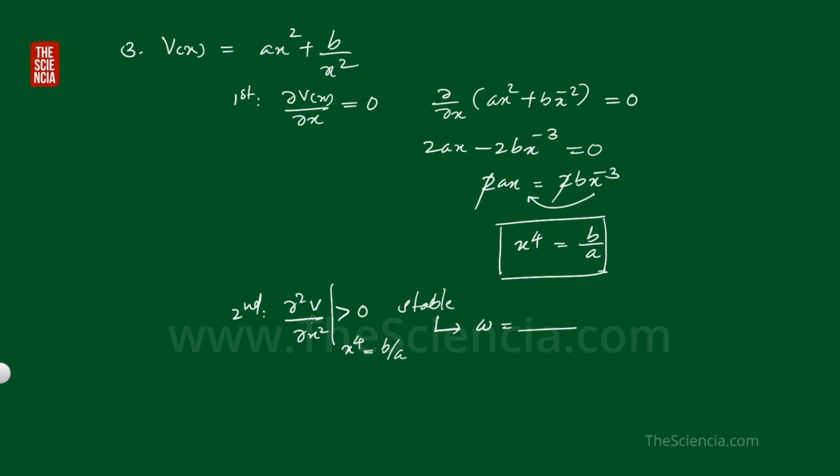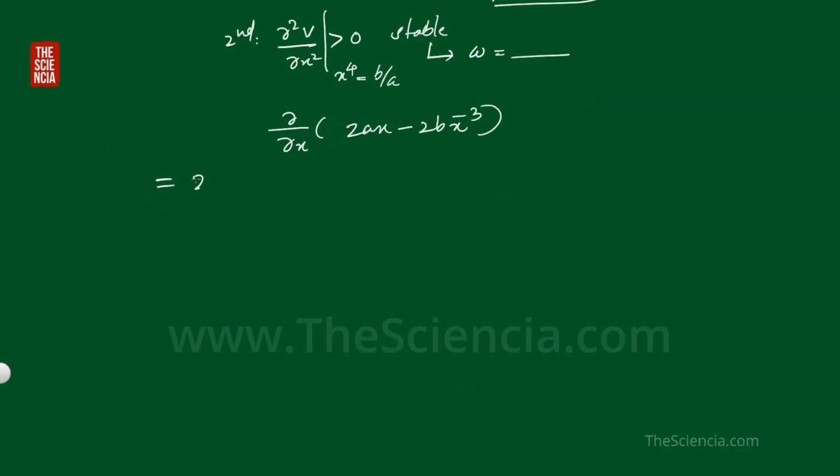So now we have to evaluate ∂²V/∂x², that is ∂/∂x of ∂V/∂x, that is 2ax minus 2bx^-3. That is equal to 2a minus 2 into minus 3, that is plus 6bx^-4.